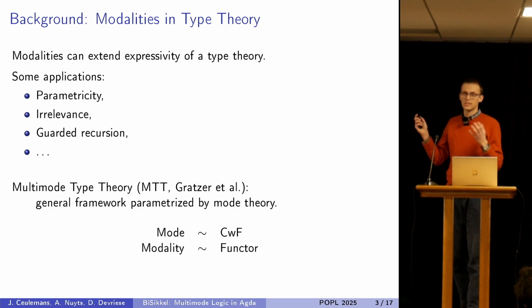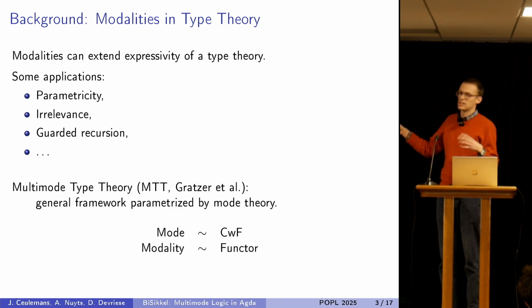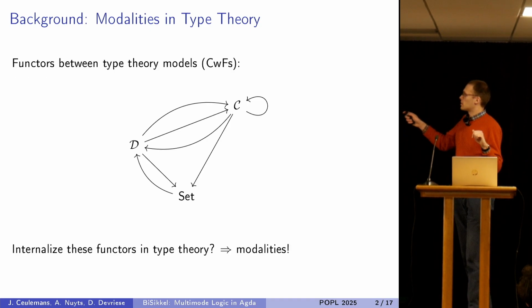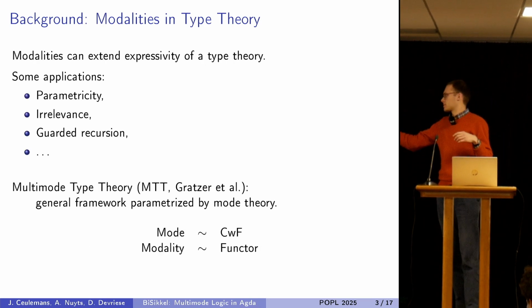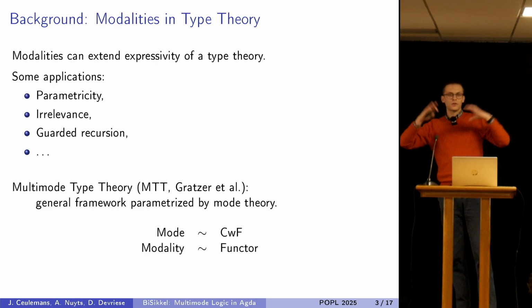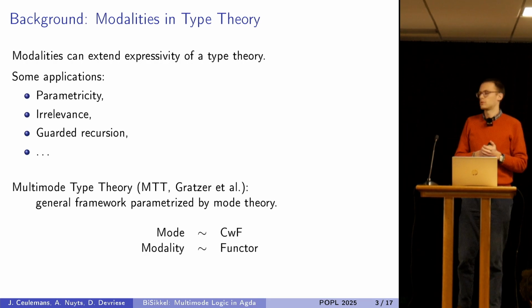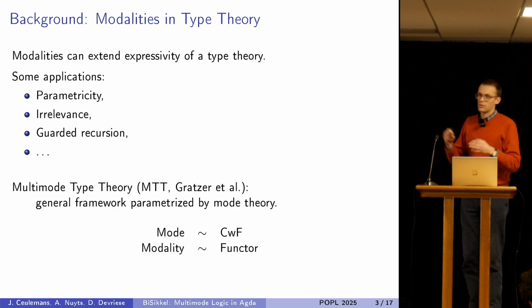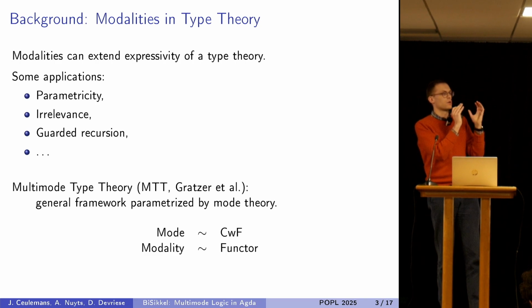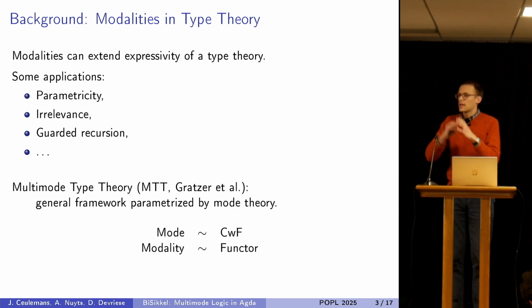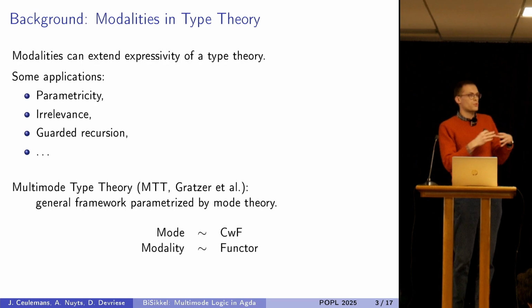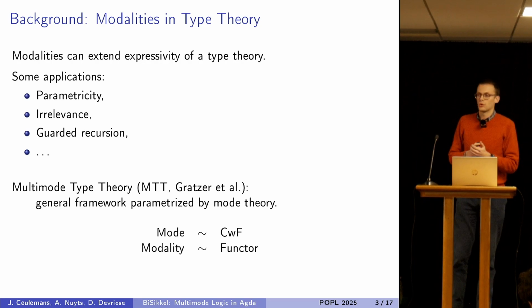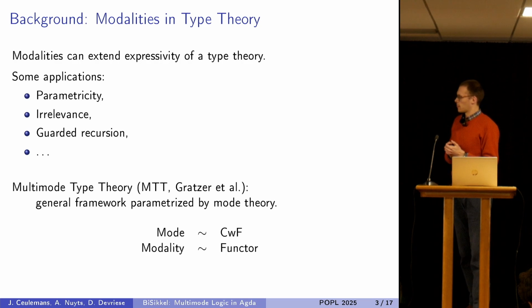And so it consists, among others, of a set of modes. And these modes will, in the model, correspond to these different CWFs. And it also consists of modalities, which will then correspond to the morphisms between these models. And if we then instantiate MTT by a concrete mode theory, then we get an entire modal type theory that can then be used to program and prove with a certain modal application in mind.